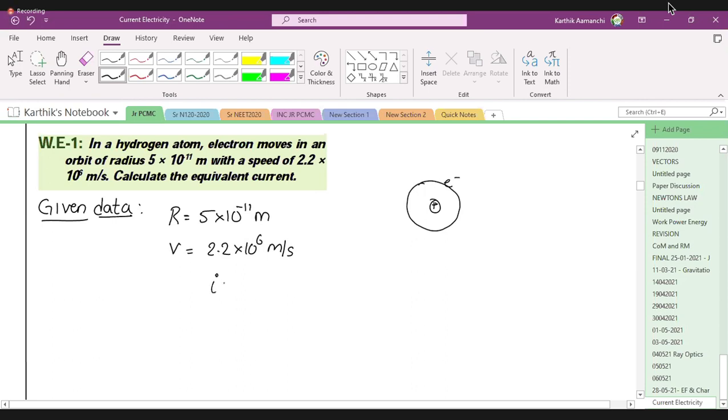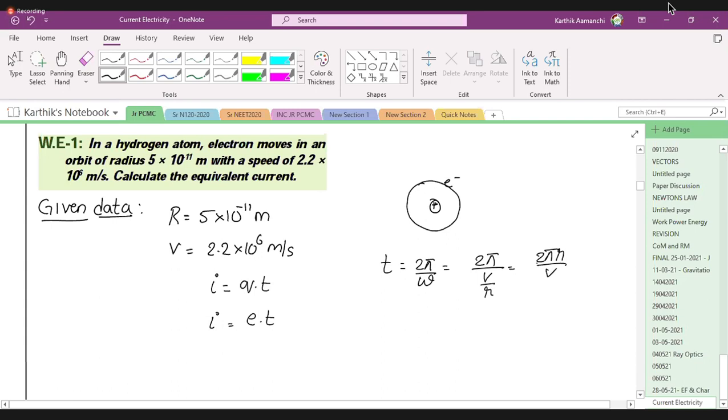We know I is equal to Q by T. Q is an electron, right? One electron is revolving, so it is E by T. T is nothing but 2 pi by omega, which is equal to 2 pi divided by omega is V by R, which is 2 pi R by V.